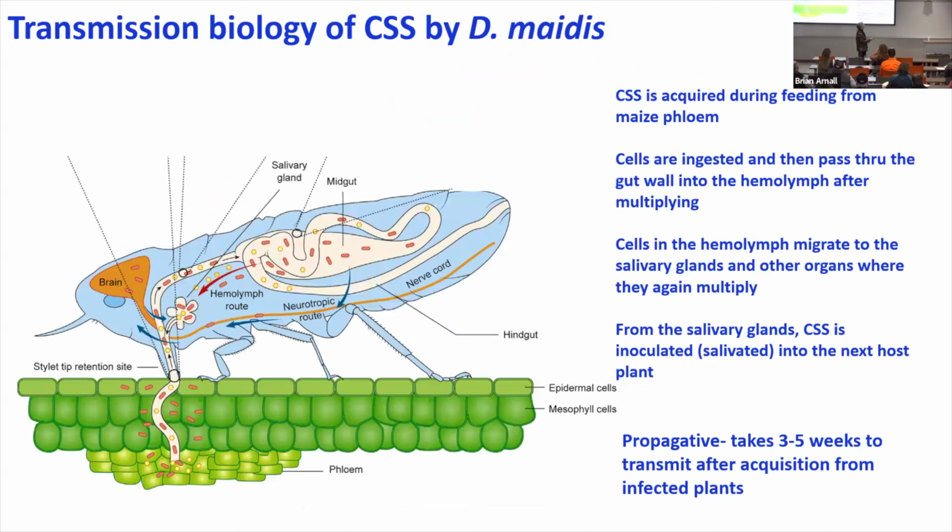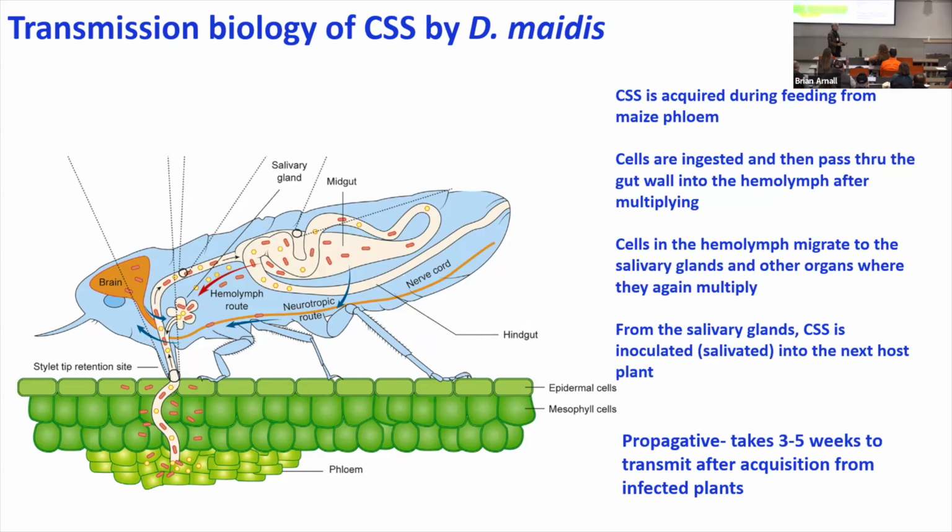Okay. Transmission biology. Corn stunt is acquired during feeding from the maize phloem. The cells, the spiroplasmas, are ingested. They're taken up by the gut. In the gut tissue, they replicate, they multiply to pretty high numbers, and then they break into the hemocoel. That's the open circulatory system of insects.